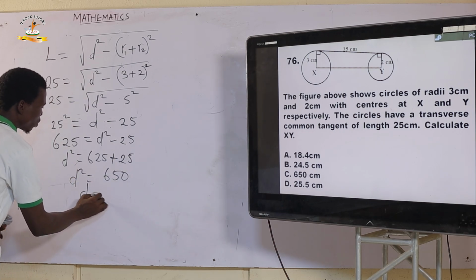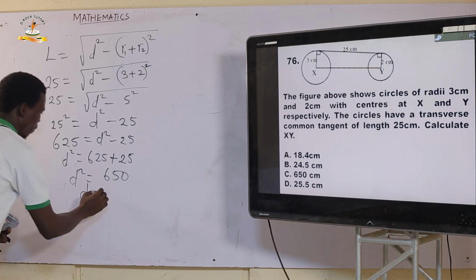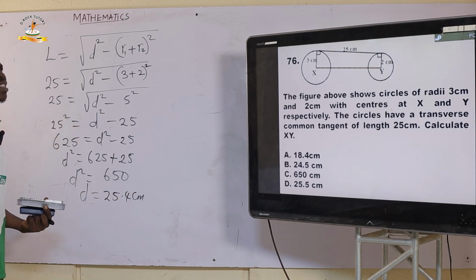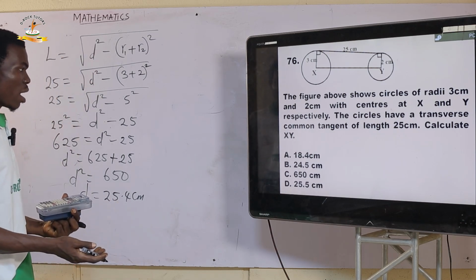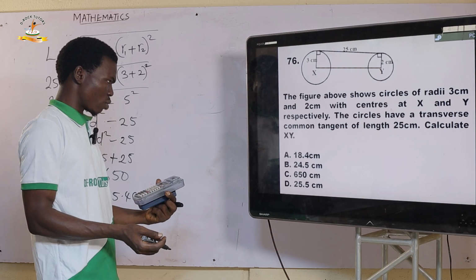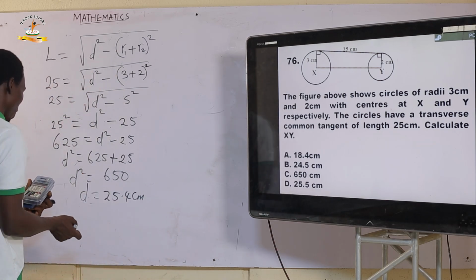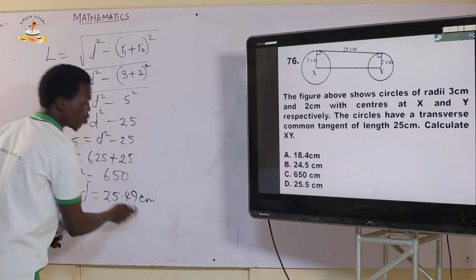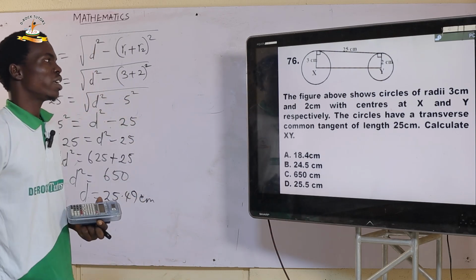To get D we say it is the square root of 650, and that is going to be 25.4 centimeter, and that is the distance XY. Actually, it is 25.49 centimeter, so with approximation it gives you the correct option, which is option D.